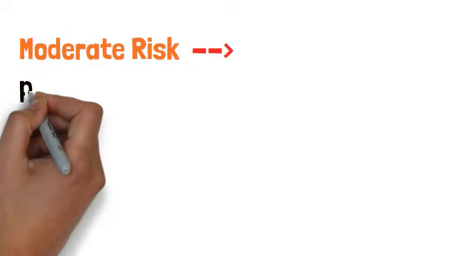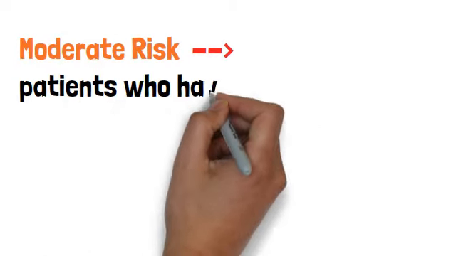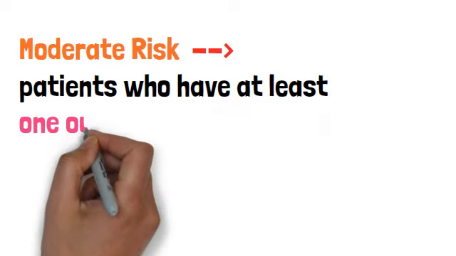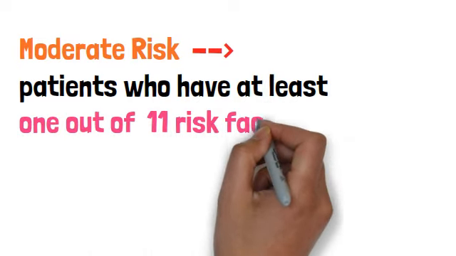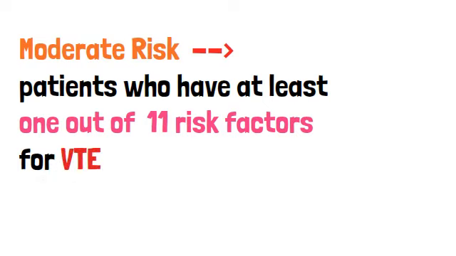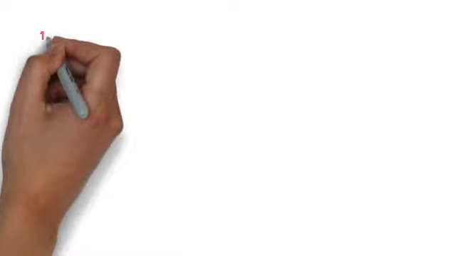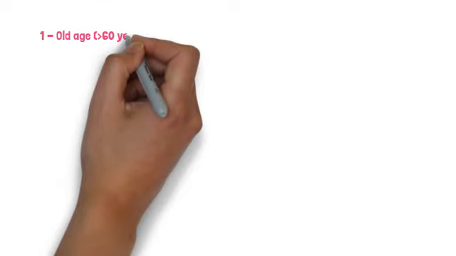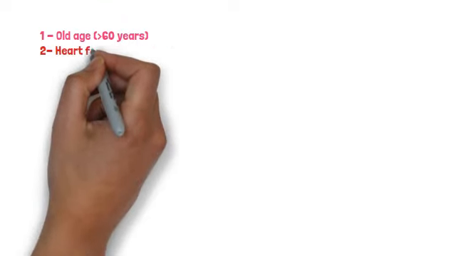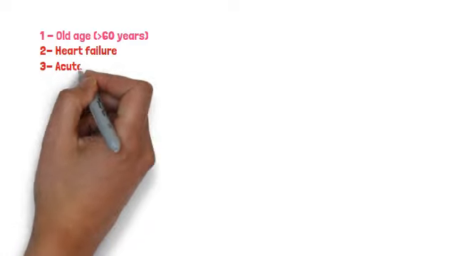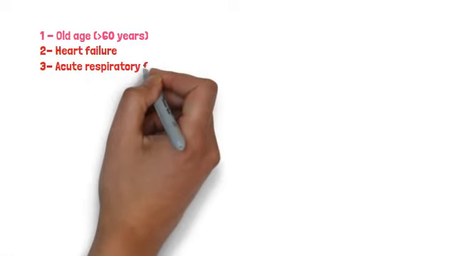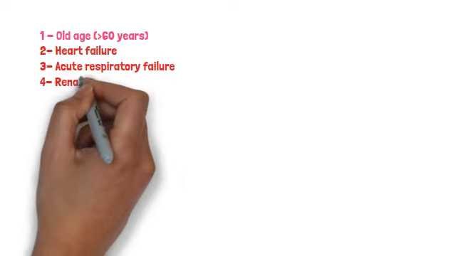Moderate risk includes patients who have at least 1 out of 11 risk factors for venous thromboembolism. I will mention them. 1. Old age, more than 60 years. 2. Heart failure. 3. Acute respiratory failure. 4.